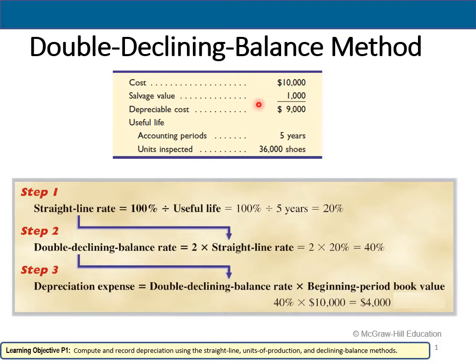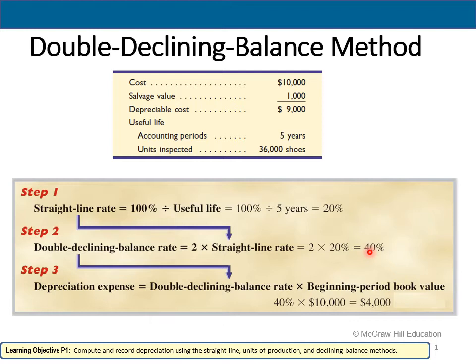And we need to compute the straight line rate, right? Which I talked about is always 1 divided by the useful life. So in this case, 20%. And as the name indicates, we're going to double that. So 2 times 20% gives you 40%.